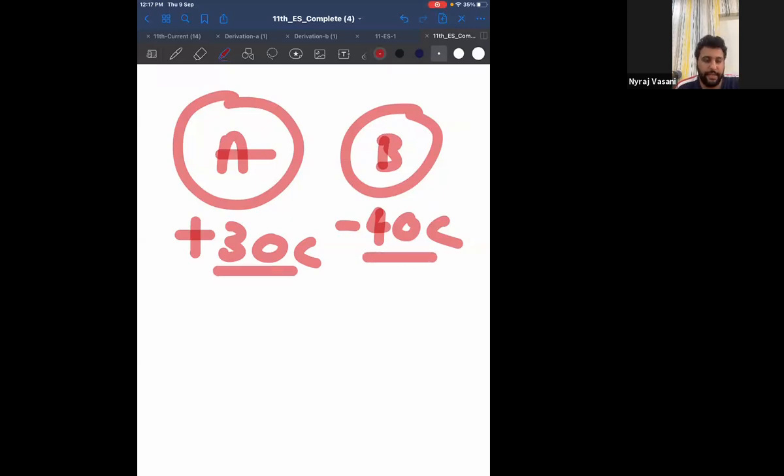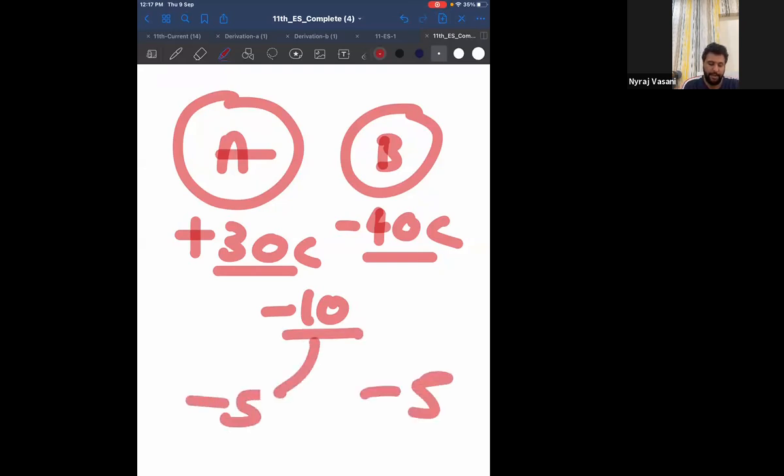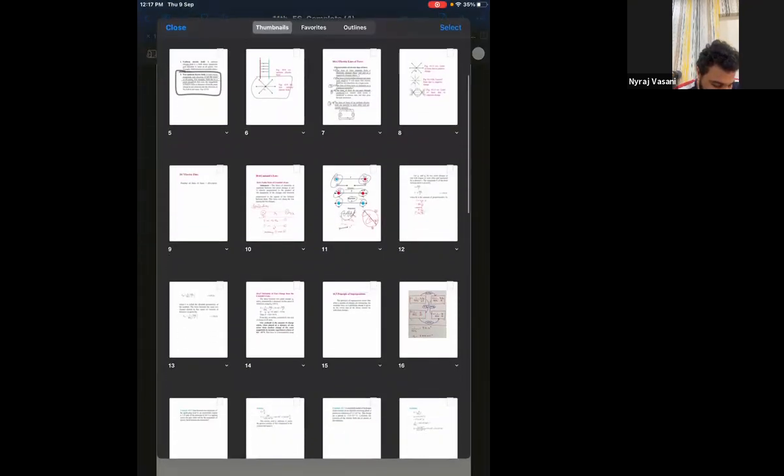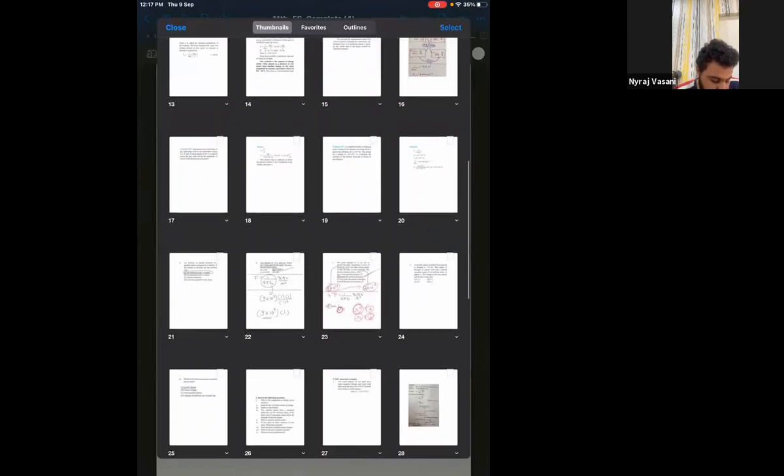If I combine them together, the charge will be minus 10 combined. And once they are split, each one will get minus 5 and minus 5, again in the ratio 1:1. Understood? With that, we will do one last MCQ for today and then we will stop. I want you to give me the answer for the MCQ I'm going to show you.